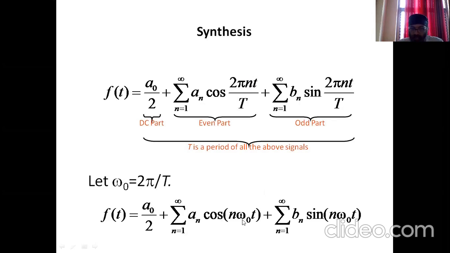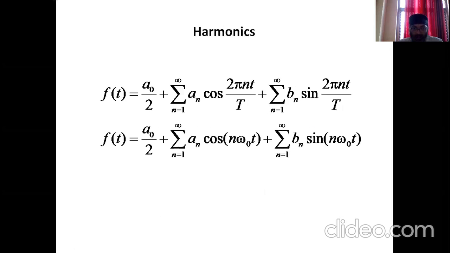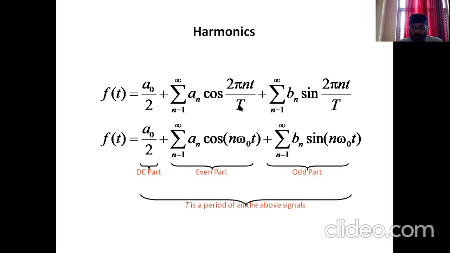Then multiplying this fundamental frequency by a factor n gives us that multiple frequency component, which is called a harmonic. So we can represent this f(t) in 2 pi n t by T or n omega naught t. Both are the same thing, because we already know 2 pi by T is omega naught.